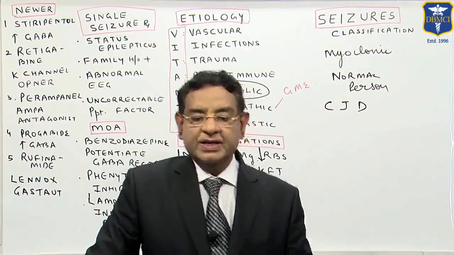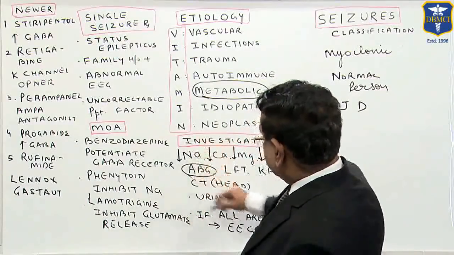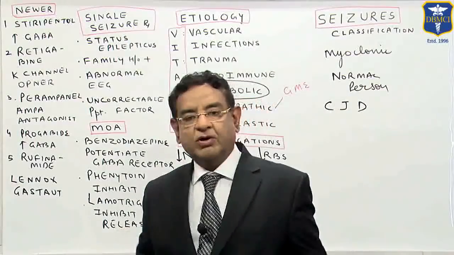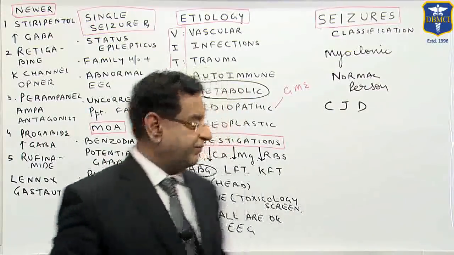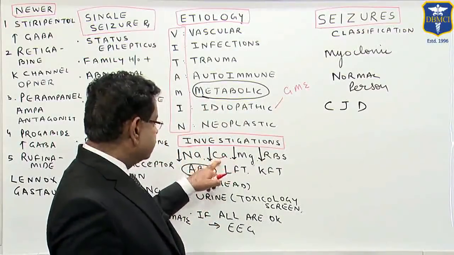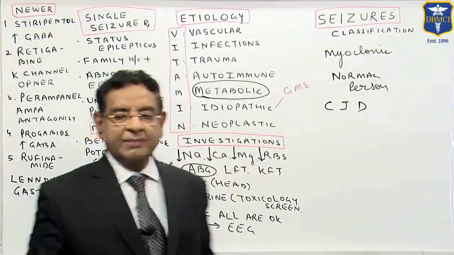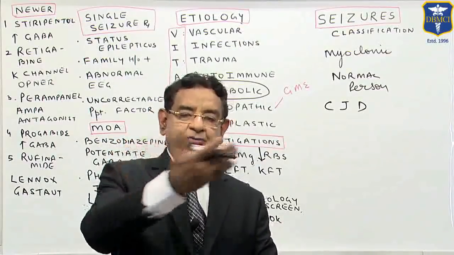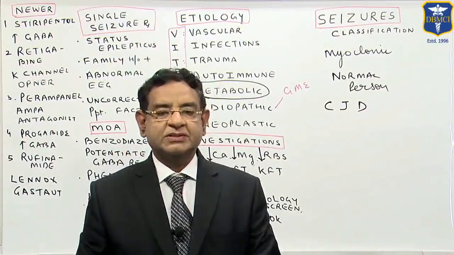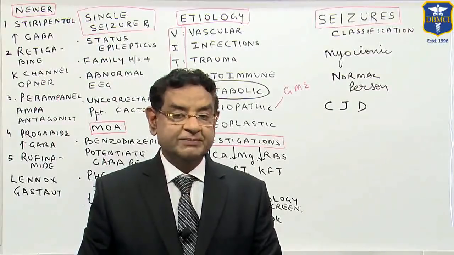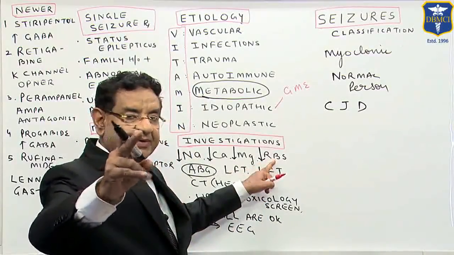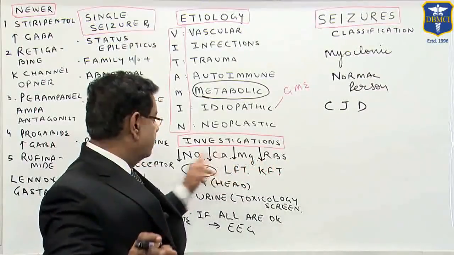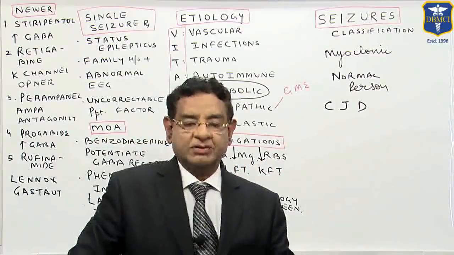No. First you rule out these causes, because even if you get abnormality in EEG, but if the cause is hypocalcemia, hypomagnesemia, or hypoglycemia, you have to treat these basic causes, not for epilepsy, because once you correct hypoglycemia, the disturbance of electrical activity will disappear.